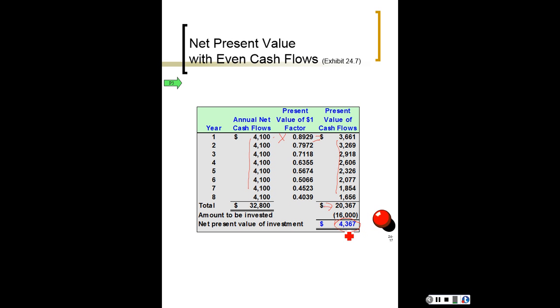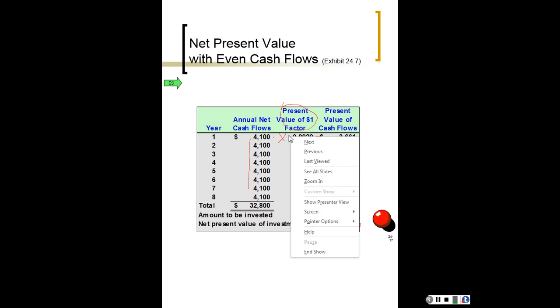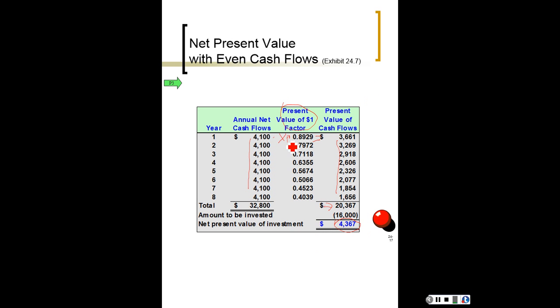Okay, so let me first go back to our present value of 1 factor. You can look at your appendix, or you can simply go online and get a factor table. But let's think about what this tells us. If someone gives me a dollar today, then I have the ability to take it and invest it, right?